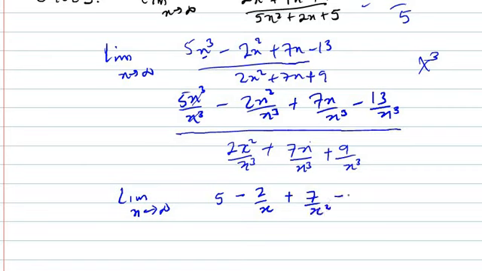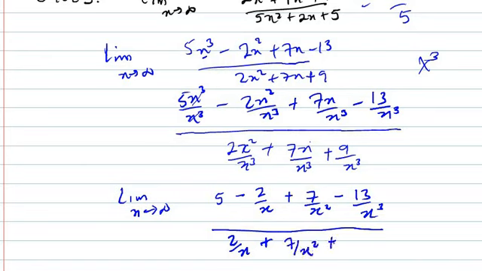For this we have 13 over x cubed, and for the denominator we have 2 over x, then plus 7 over x squared, then plus 9 over x cubed.